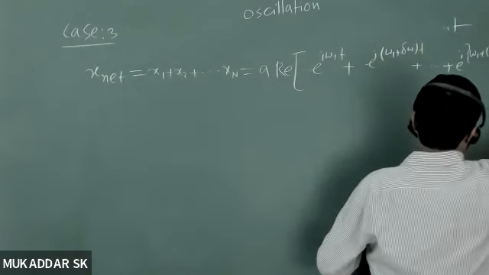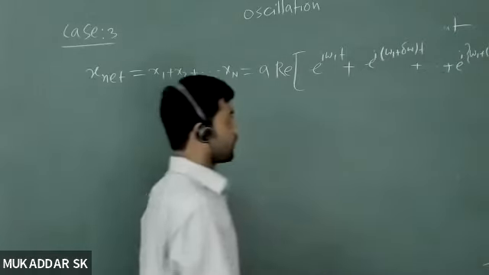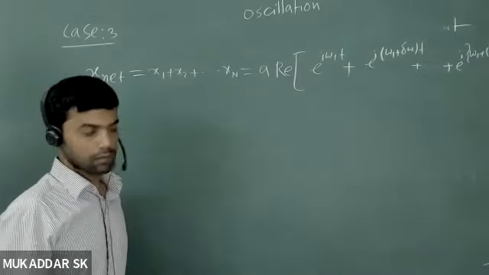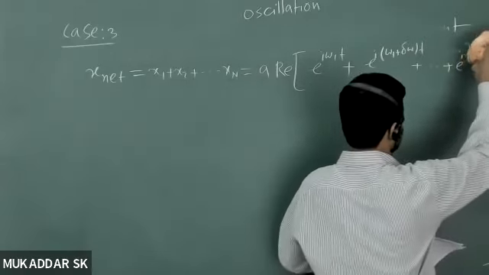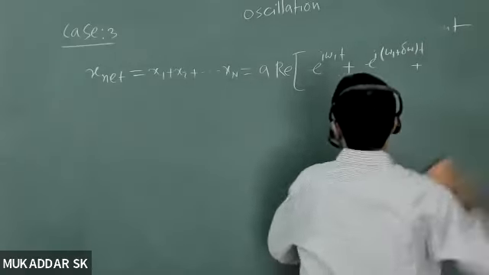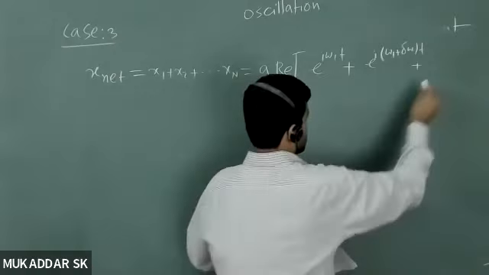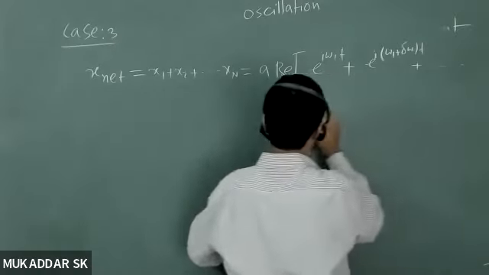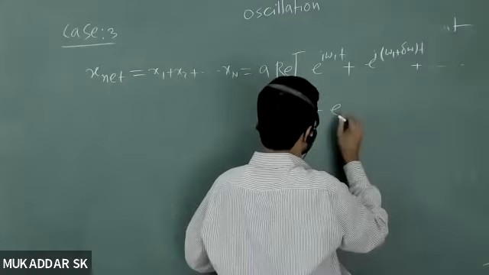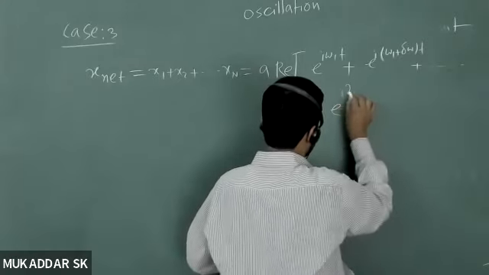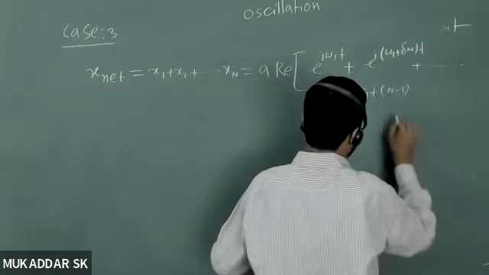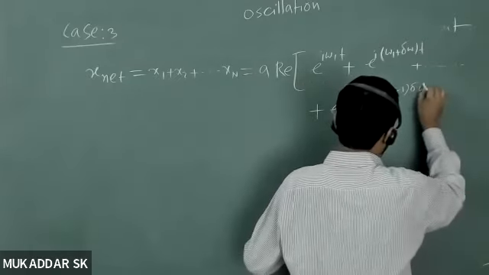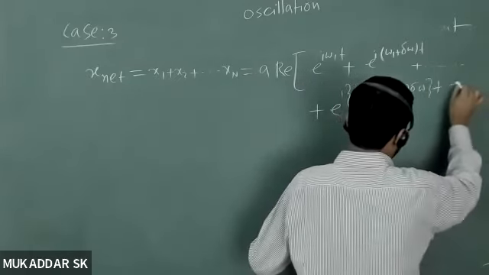Is it visible? The last part you are probably not able to see, right? Yes, sir. Okay, I'll write here. So this will continue, and the last term will become exponential of i omega 1 plus n minus 1 delta omega, then you will have t.